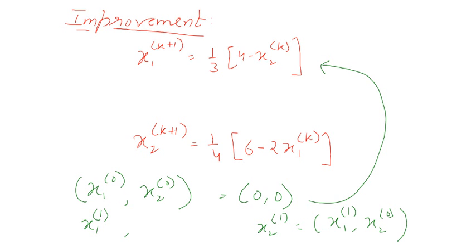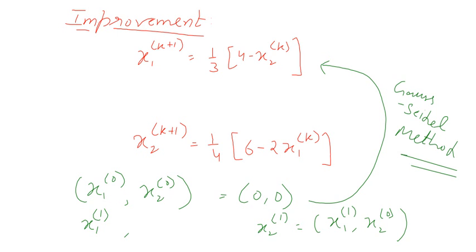If you do so, such a method is called the Gauss-Seidel method. Once you use the improved value in the same step itself, you replace that element or that coordinate.